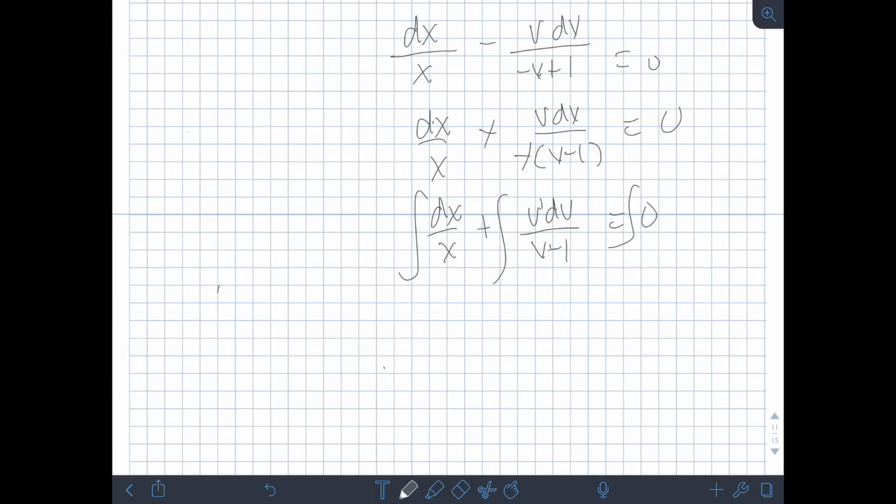So, pag in-integral natin both sides of the equation, we have, ito munang integral ng dx over x is simply ln x, right? Plus, this time, integral ng v dv over v minus 1. So, kung mapapansin nyo, pareho pa ng degree na 1 yung numerator tsaka denominator dun sa variable v. So, therefore, pwede pa natin itong i-divide. So, magiging v divided by v minus 1, we have v divided by v is 1. So, 1 times v is v. And 1 times negative 1 is negative 1.